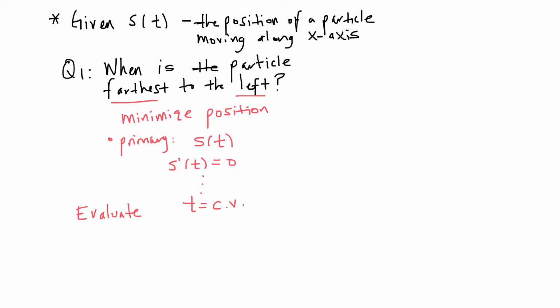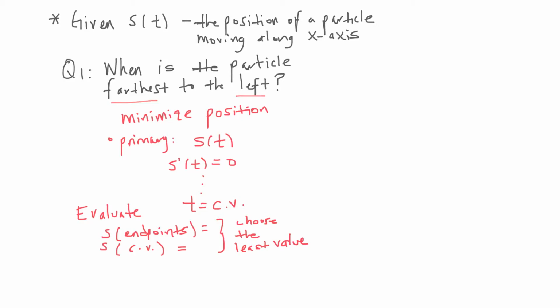So then you'll have S of the endpoints, and then S of the critical values, and because you're minimizing, you choose the lowest or the least value. So keep this in mind. If I ask you for when is the particle farthest to the left, that's minimizing the position.